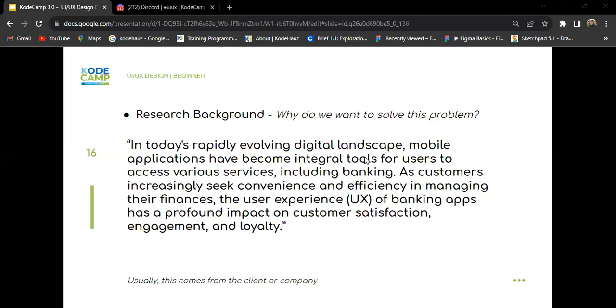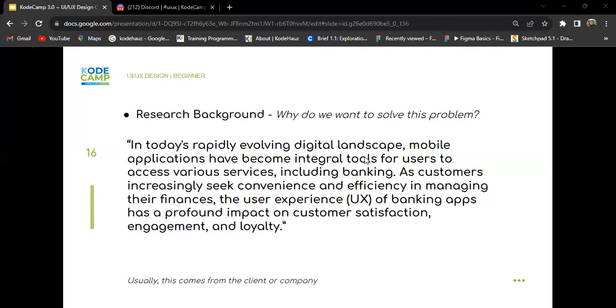Now, the research background. Why do we want to solve this problem? That's the question. So we're going to be digging down into the background. Now, I'm going to read this out.